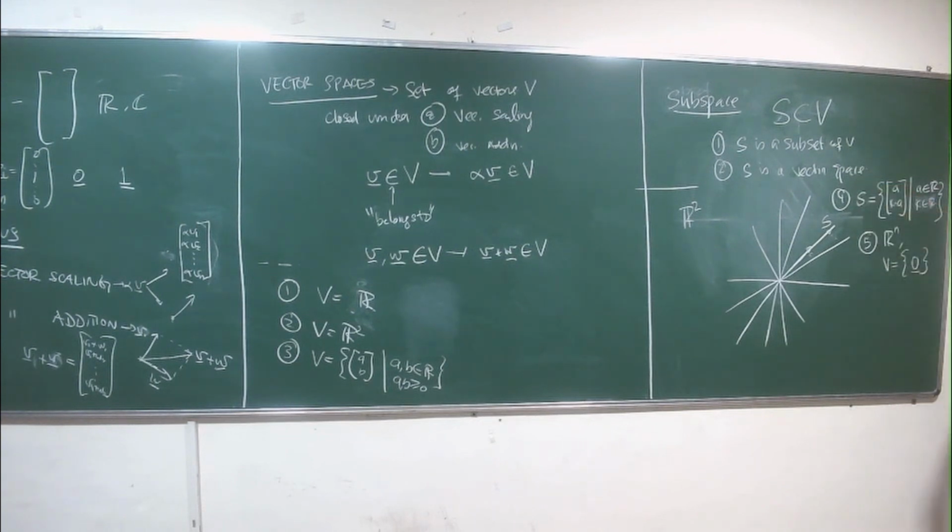All you have to do is verify closure. Is it closed under vector scaling? When you take 0 and multiply it by alpha, it's still 0. That means it's closed. If you take 0 and 0 and add them, you get 0. That means it is closed. So this is what is called a trivial subspace of any vector space.